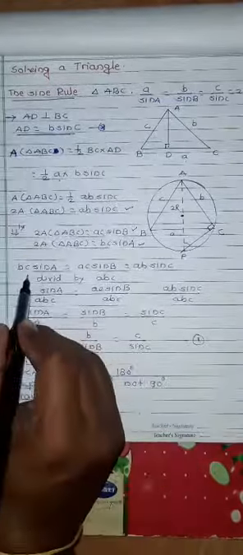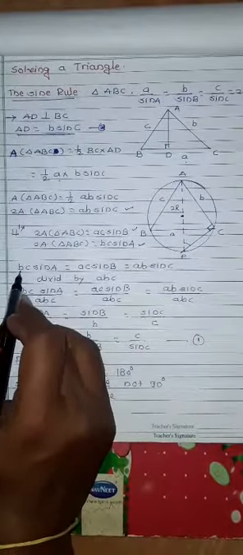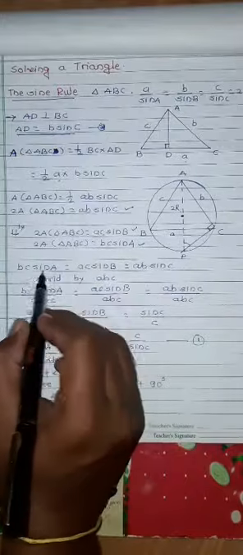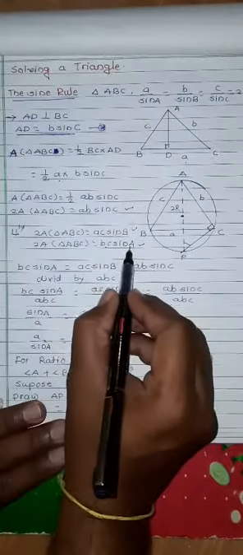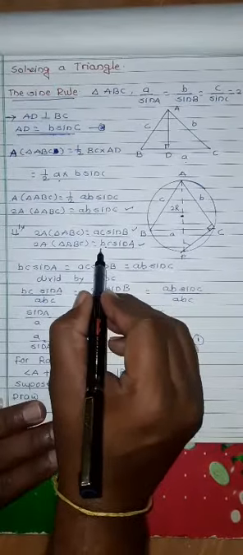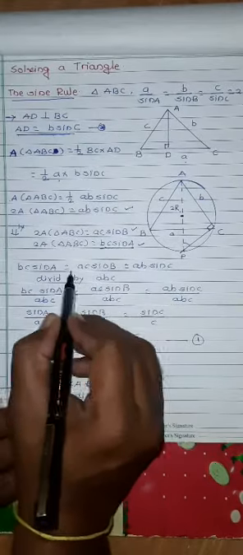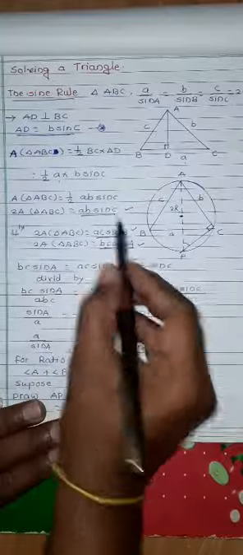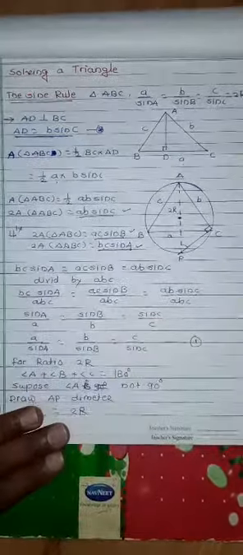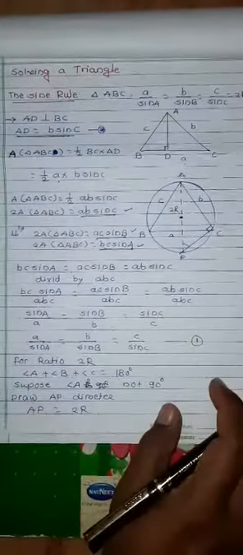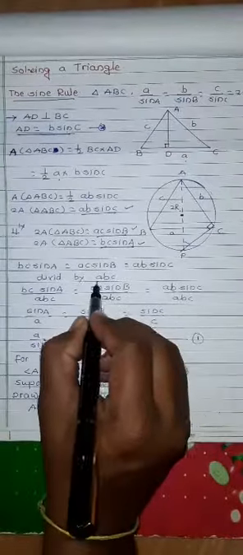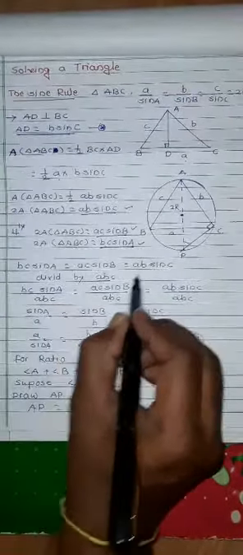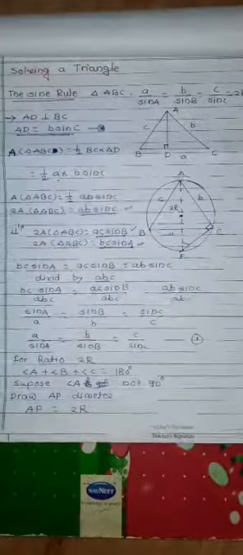Then b c sine of A is equal to a c sine of B is equal to a b sine of C. After that we have to divide all these equations by small a b c.